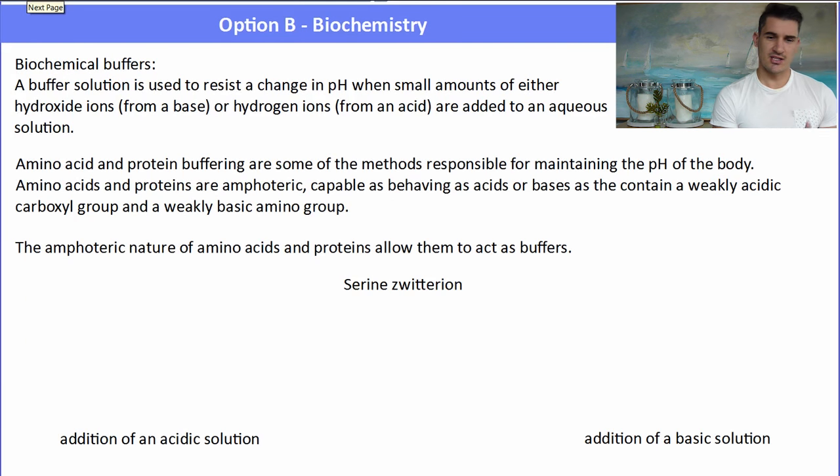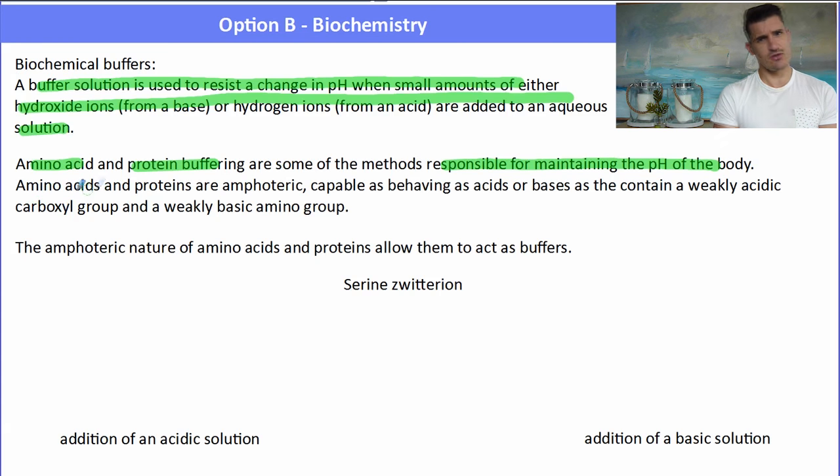We've talked a little bit about enzymes acting as buffers in previous videos, but it's important to remember that amino acids or proteins have a charge, and that charge can be expressed as a Zwitter ion. So when we add either an acid or a base to a Zwitter ion, the amino acid is going to act like a buffer and try and reduce that change in pH.